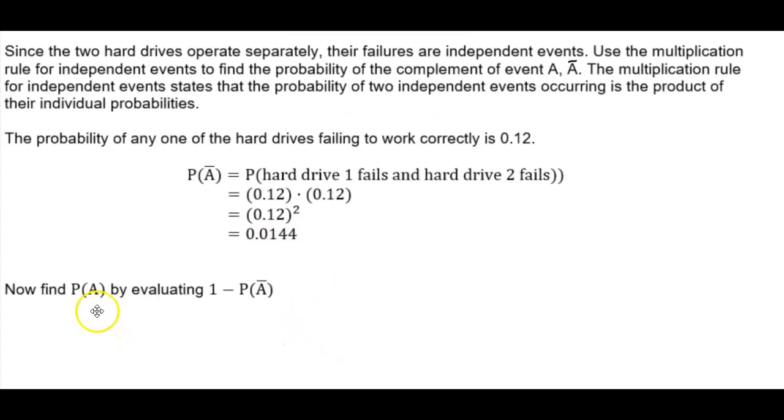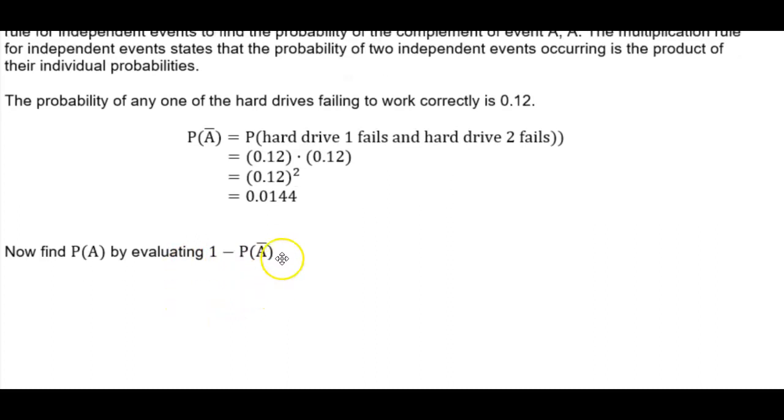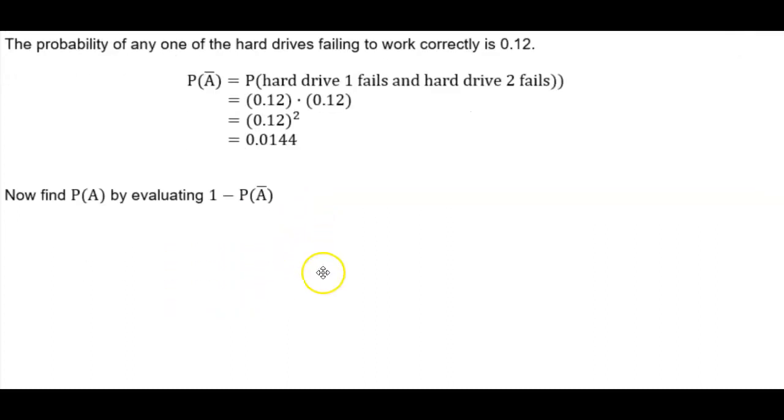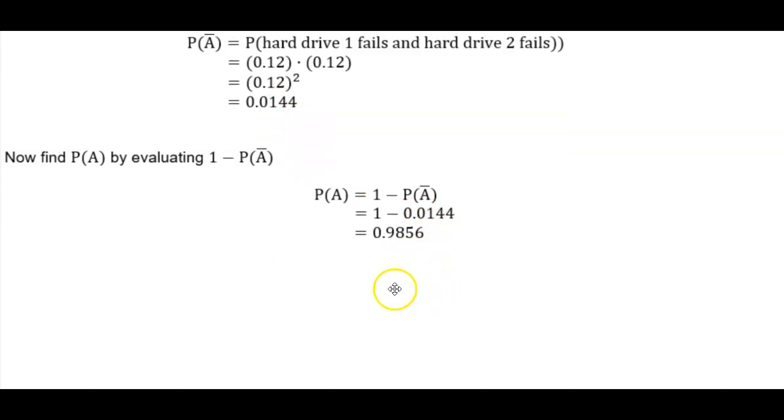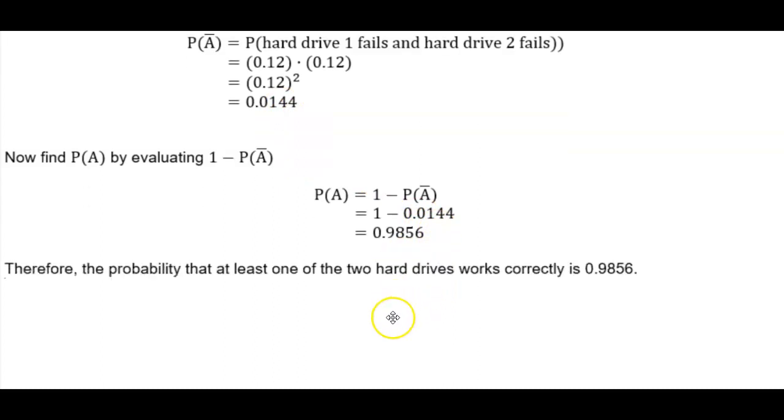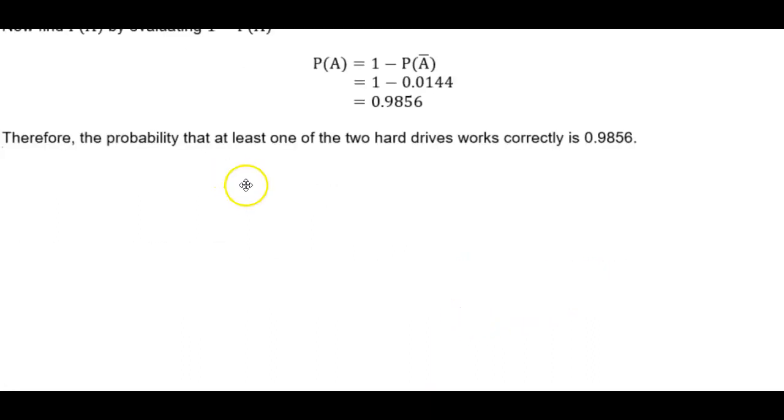Now we want to find the probability of A by evaluating 1 minus the probability of the complement of A, which we found in this previous part. So using that formula, we're going to take 1 and then subtract the probability that we found, which is 0.0144, and we get 0.9856. Therefore, the probability that at least one of the two hard drives works correctly is 0.9856.